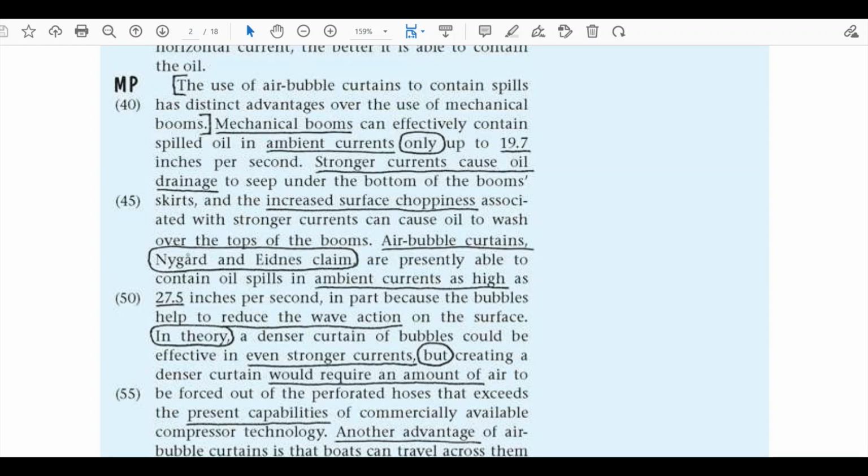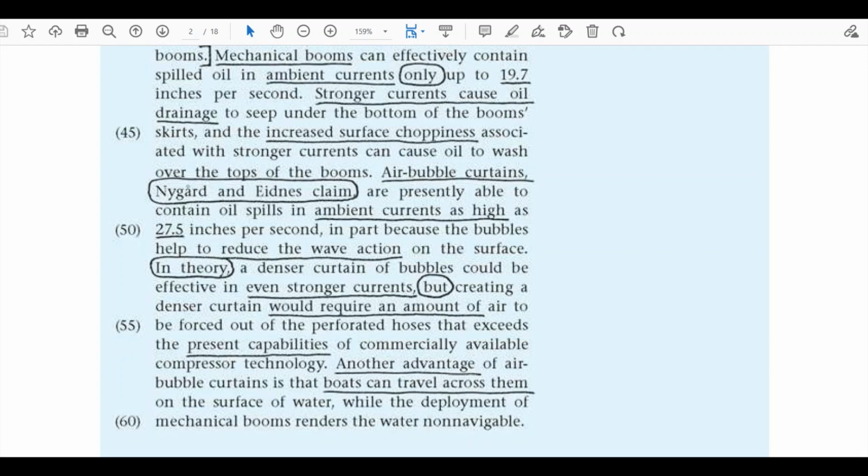In theory, a denser curtain of bubbles could be effective in even stronger currents. But creating a denser curtain would require an amount of air to be forced out of perforated hoses that exceeds the present capabilities of commercially available compressor technology.